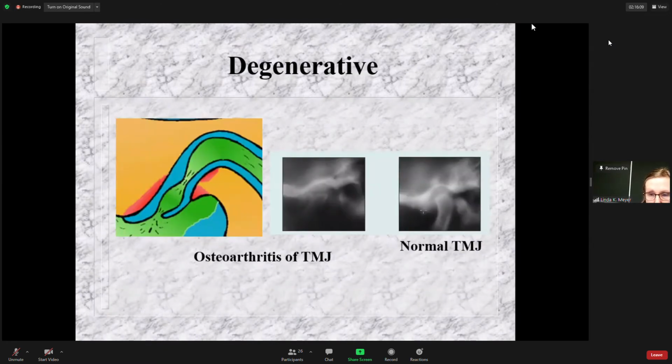We're not going to be studying TMJ disorders in this class, but an example of an oral degenerative disease would be osteoarthritis of the TMJ area. Over on the right here, this is a normal condyle. In the middle here, look how worn down that condyle is. There's just been degeneration of the bone there over time.